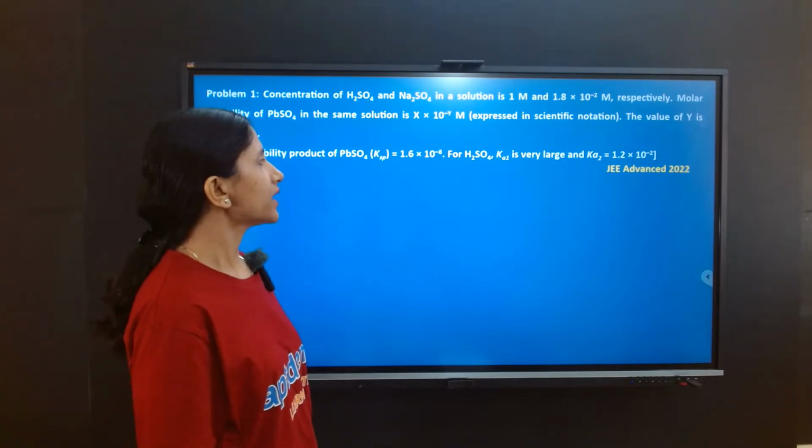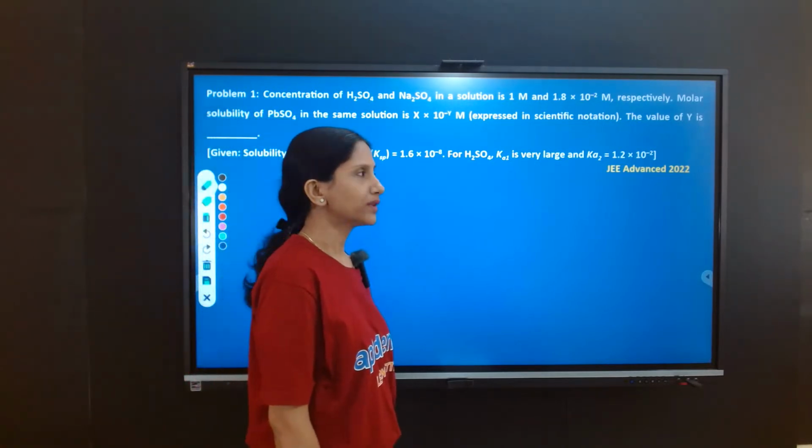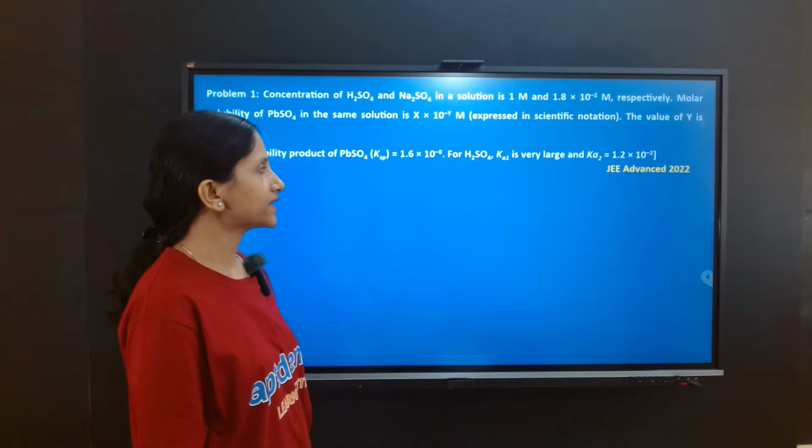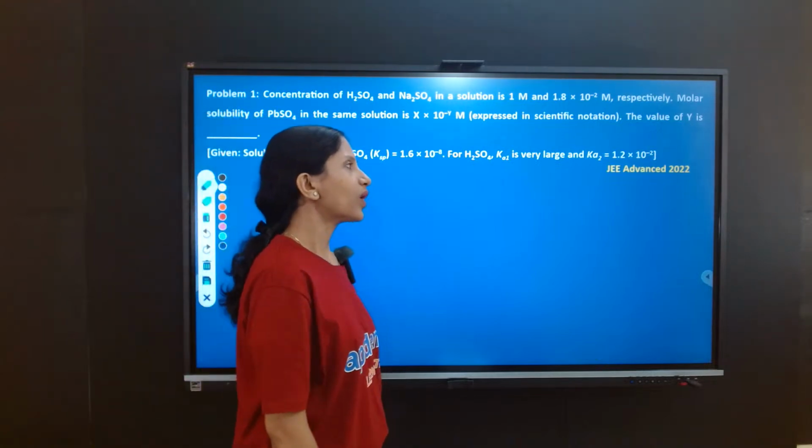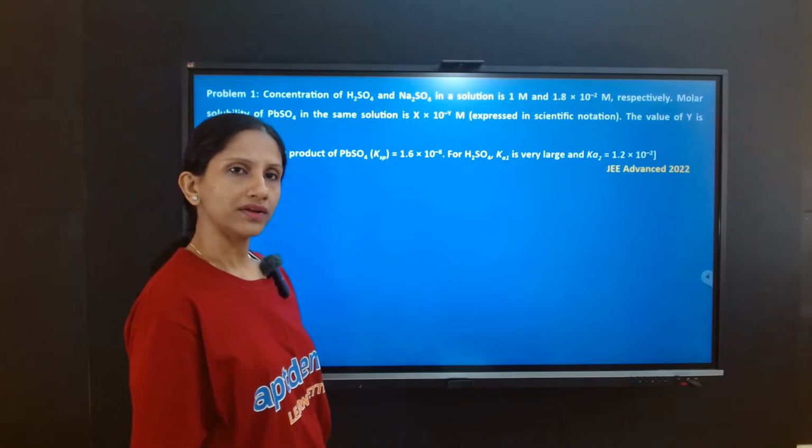And it is also given that for H2SO4, Ka1, that is the acid dissociation constant, is very large, and Ka2 has been given as 1.2 times 10 to the power minus 2.